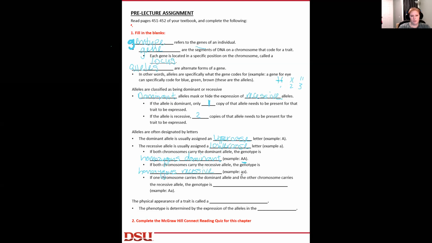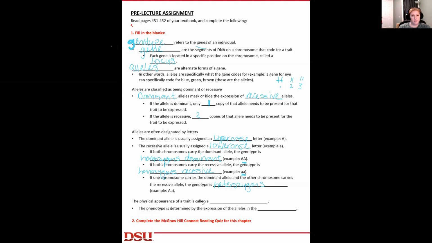And again, two lowercase. When we have this mix where we have one chromosome with a dominant allele and the other with the recessive allele, that's called heterozygous. Hetero meaning other. Okay.